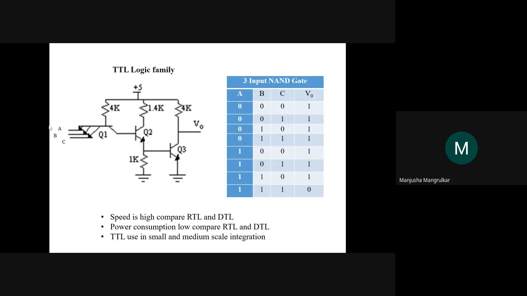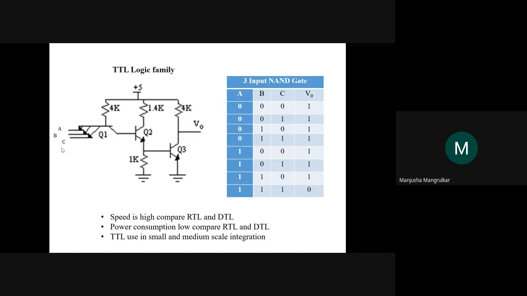It gives the inputs from here. When all the inputs are zero, the transistor is in the cutoff region and the output is connected to 1, right? If any one of the inputs is zero, the output of this transistor is connected to the base, so this is zero. Again this is the cutoff region, this is also zero, and this will also be in the cutoff region. It goes to the output, goes to VCC.